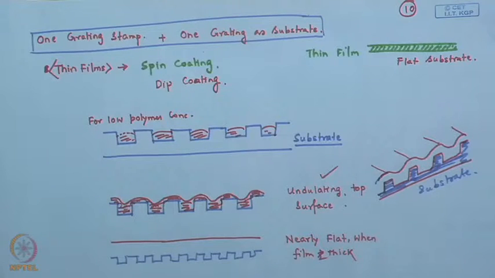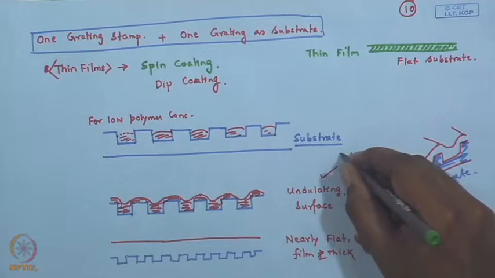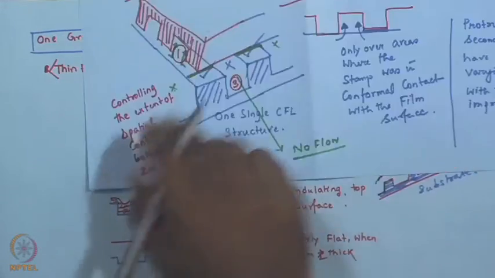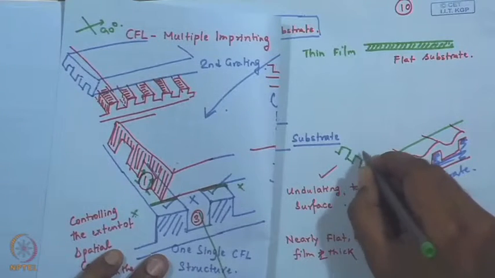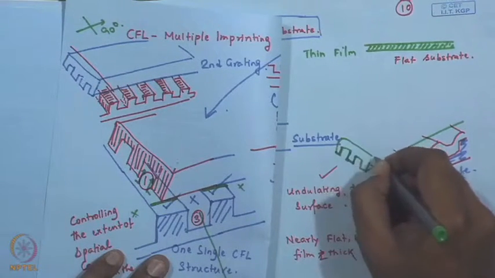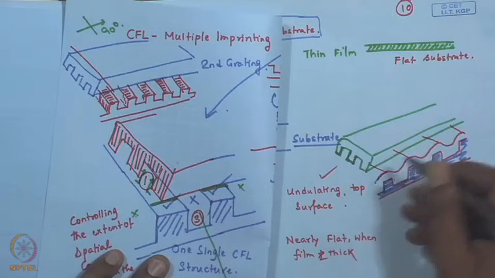So, now if you place the stamp like this, you are essentially back to the same geometry. You again have a spatial variation in the extent of contact between the film surface and the grating stamp.